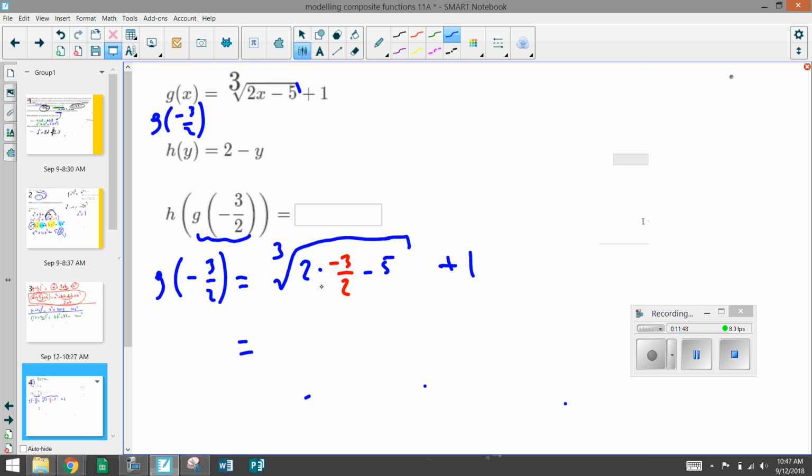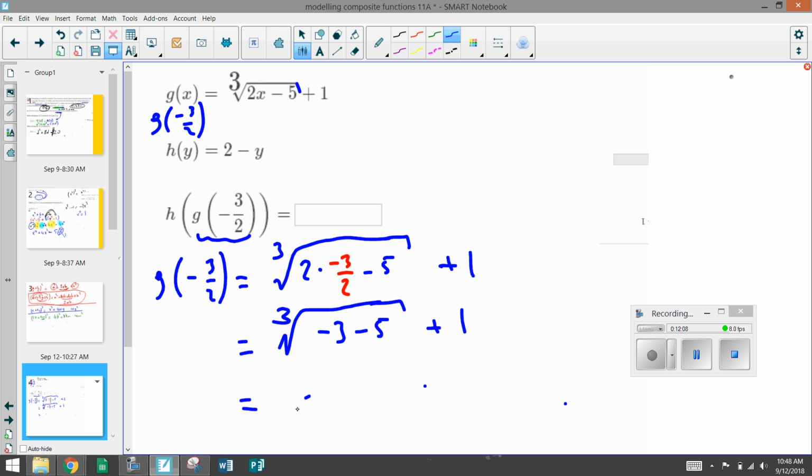We can simplify that. The 2's cancel out, or just multiply. 2 times negative 3 is equal to negative 6. Negative 6 divided by 2 is going to be negative 3, right? Negative 3 minus 5, plus 1 is out there.